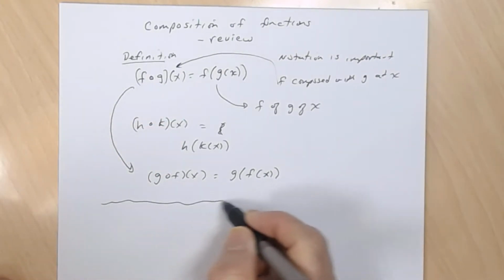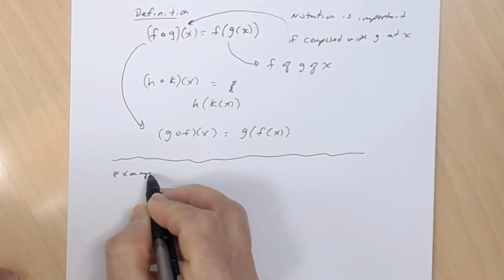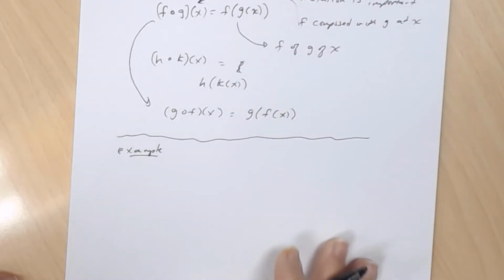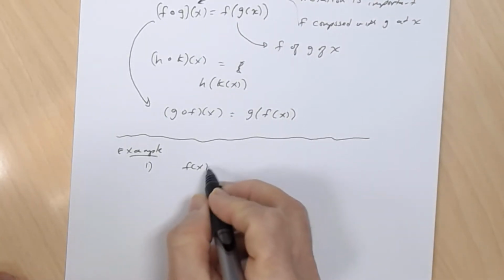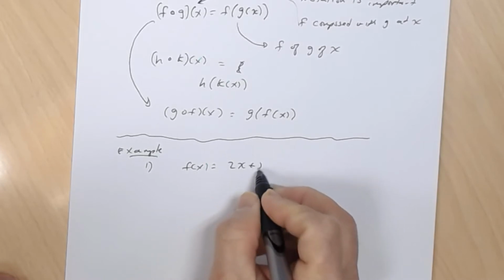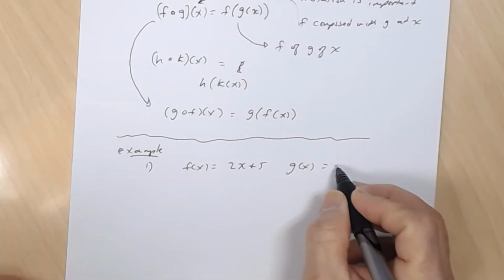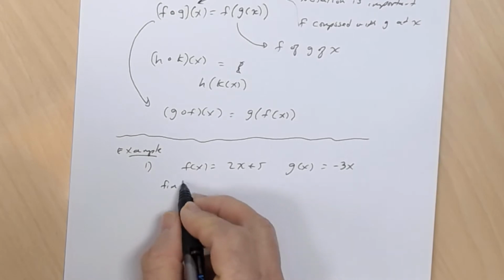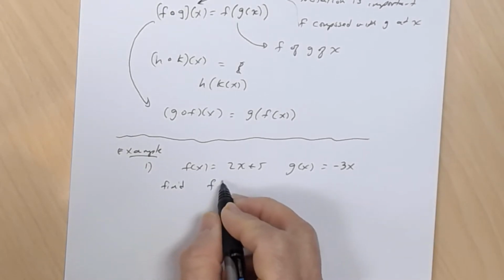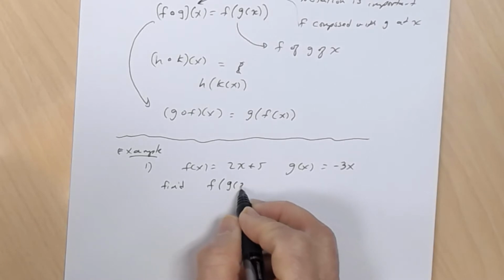Now, let's remind ourselves with this example. Example 1: suppose you're told that f of x is 2x plus 5 and g of x is, let's say, negative 3x. And you want to find f of g of, let's say, 2.